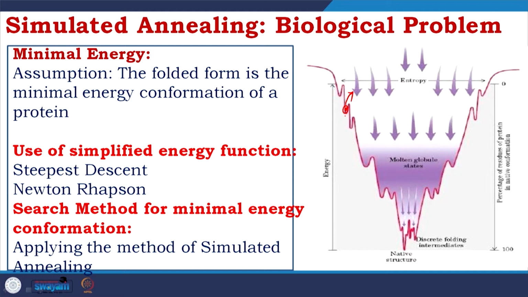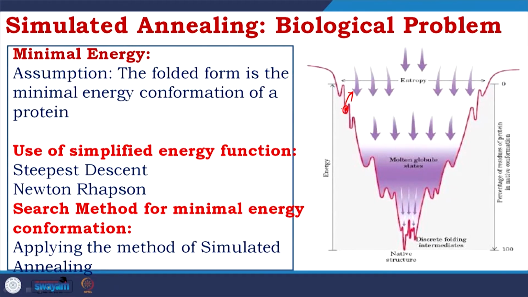So, what simulated annealing does is work by developing a random number between 0 and 1, which will help. First of all, it provides thermal energy, so that everything which is here, here, here, they all go up to a certain energy level.